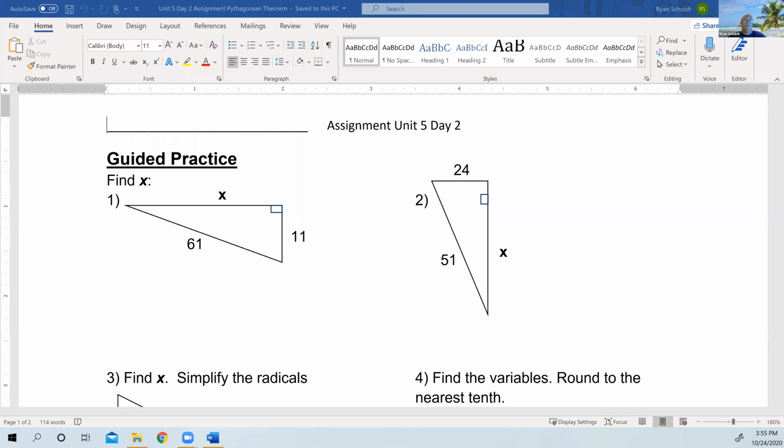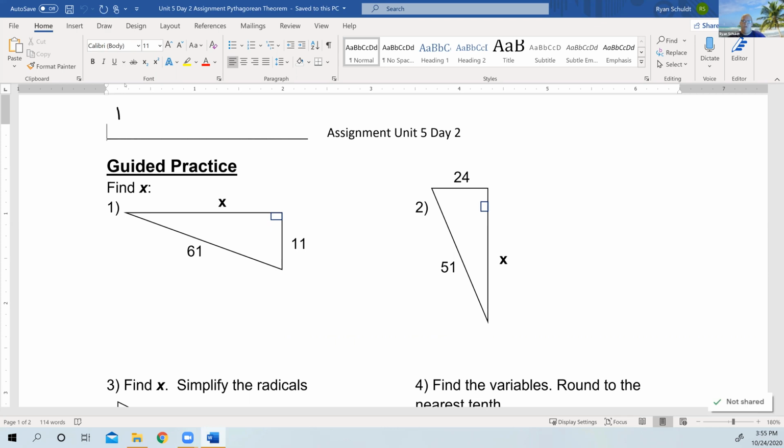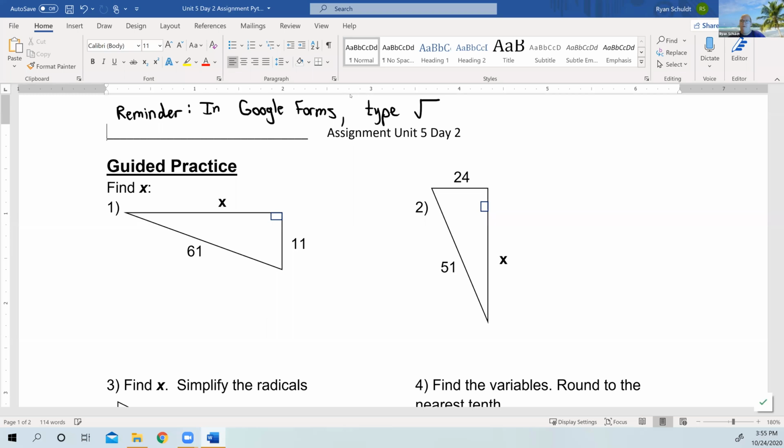Okay, we're dealing more with the Pythagorean Theorem. And just another reminder for virtual students: in the Google Forms, we would type the square root of, let's say, 3 as square root of 3.